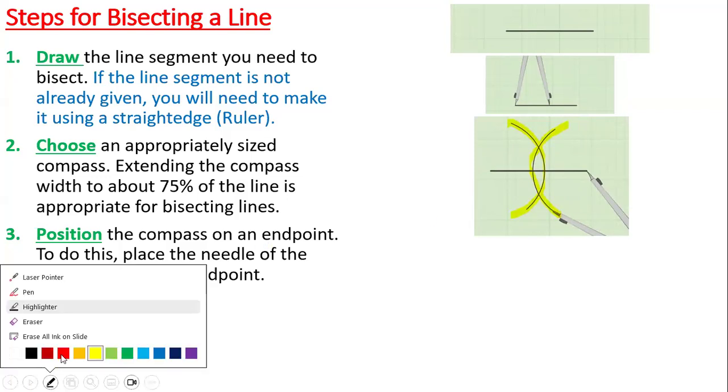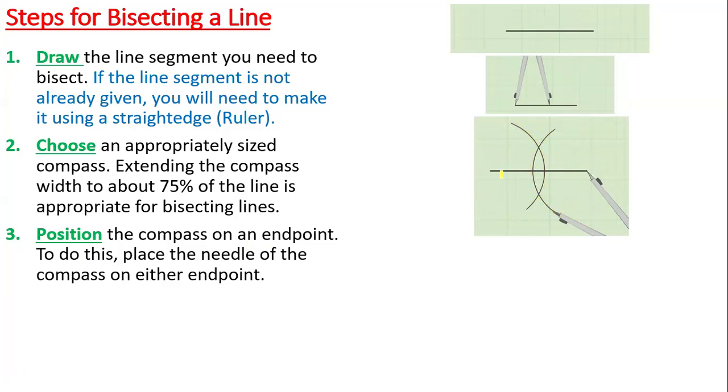We start at this particular point, use a compass to draw an arc like this, then go to the other endpoint and draw another arc, just like this. That's what we do for this one. So you have to draw two arcs, one at each end. You do not change the width of the compass. You keep it just the same. That's very important with this one.